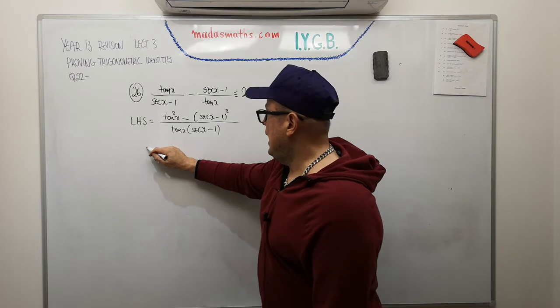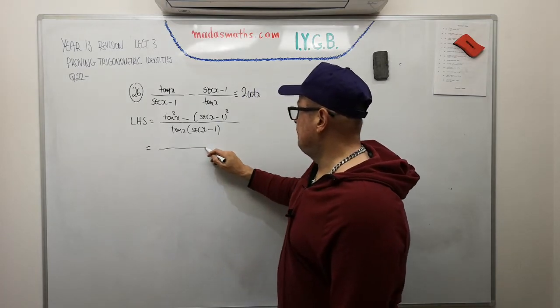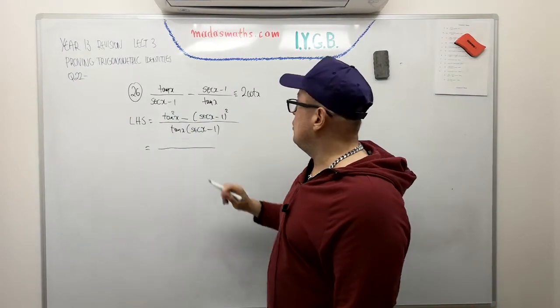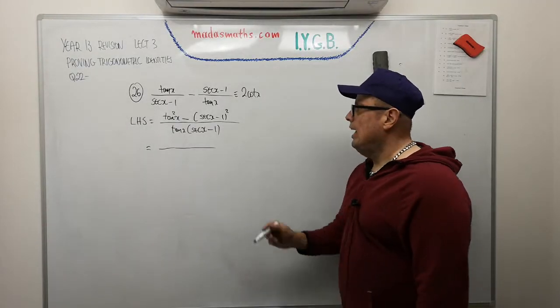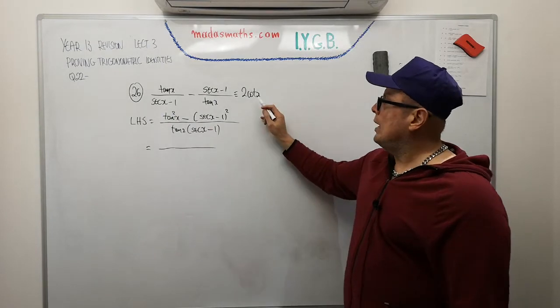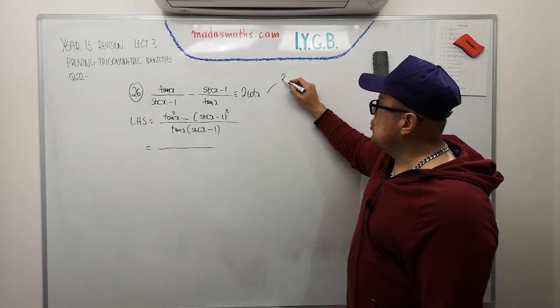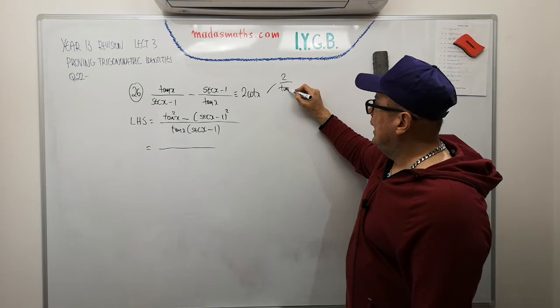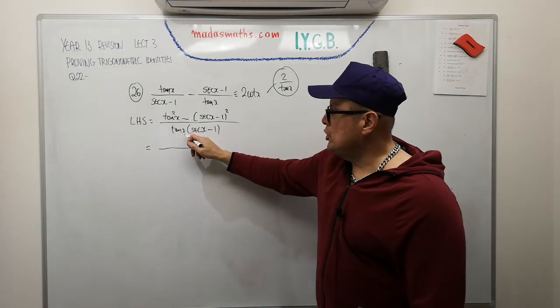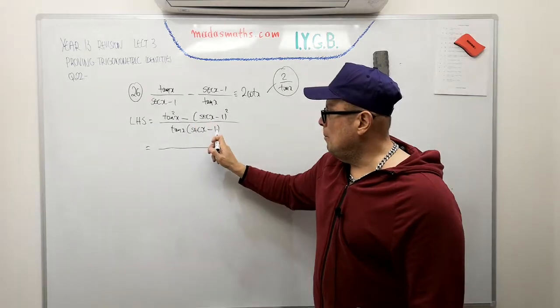Extra careful now on the numerator. This we can multiply, or we might leave it as it is. That's how I remember this particular question. I said I've done it before. Look at your answer. Your answer is 2 over tan of x. This is our target. Okay, here it is. There's a 2 that's missing on the top, and we got this.